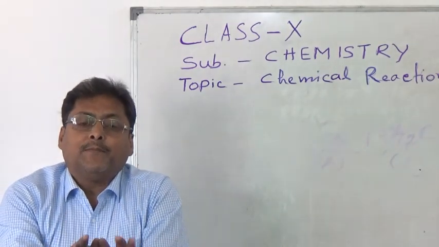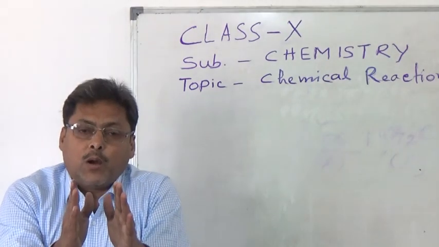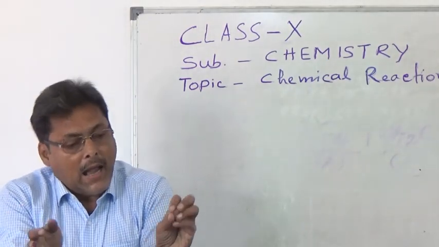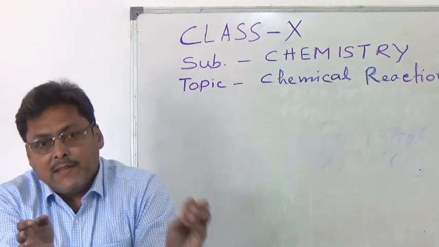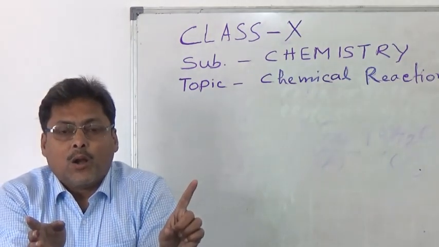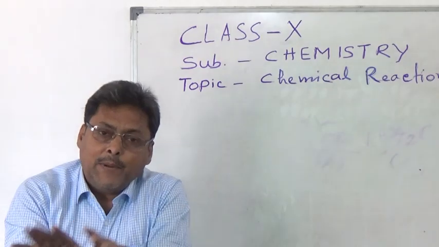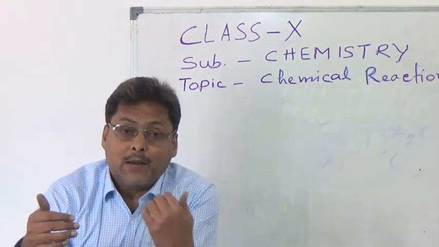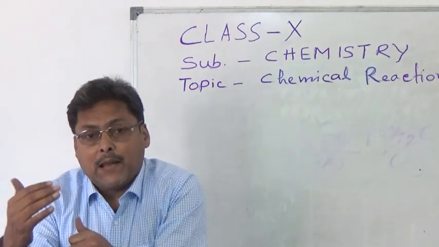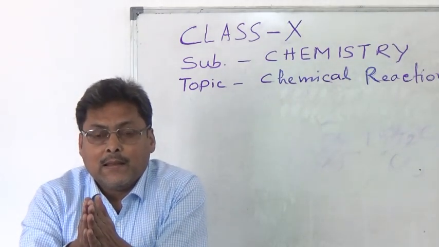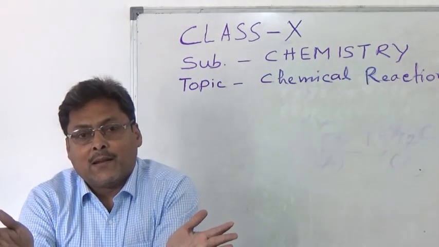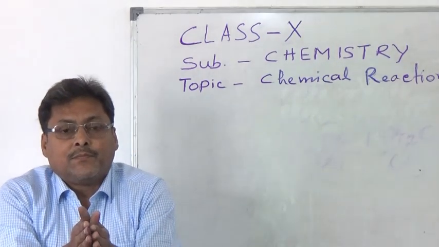Substance is when you begin to classify matter either according to the physical characteristics or according to the chemical characteristics. In science we call them physical properties and chemical properties. We begin to call this classified matter substances.